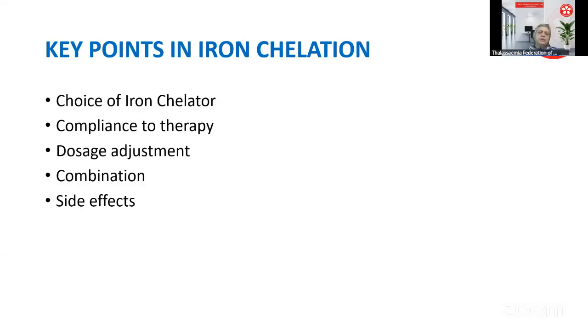Key points in iron chelation are choice of iron chelator and compliance to the therapy. No matter how smart you are to prescribe a drug, it is important for you to find out in every patient whether your patient is going to be compliant with an injection or a tablet once a day, 3 times a day, or an injection twice a week, 3 times a week with oral drug.